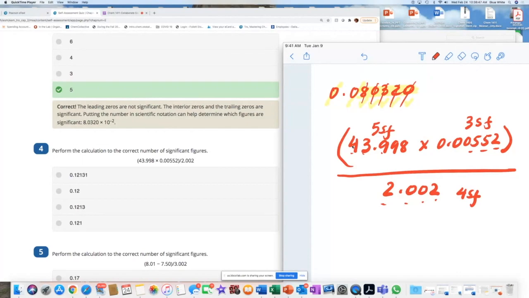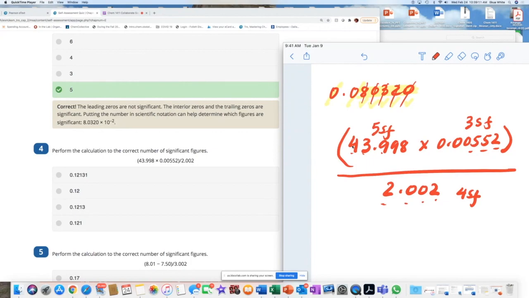Start with the numbers in the parentheses, right? Multiply them out first. So you have open parentheses, 43.998, close parentheses, multiply by 0.00552. Okay.